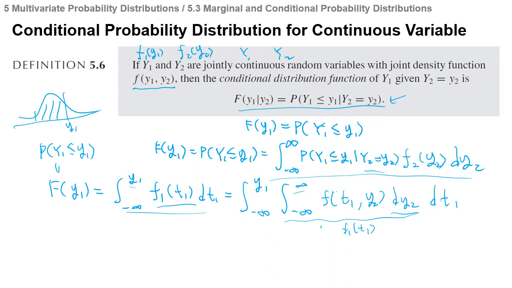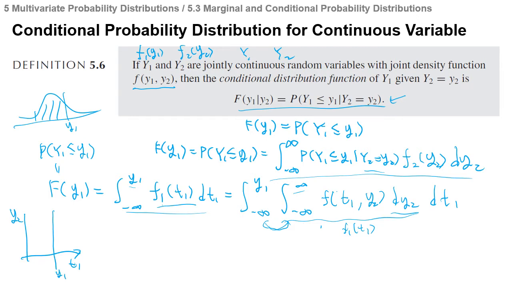Okay, and you can change this order of integration. Let's have a look. You have two axes: one axis is t1, and the other axis is y2. For t1, the integration is from minus infinity to y1, so here's y1.